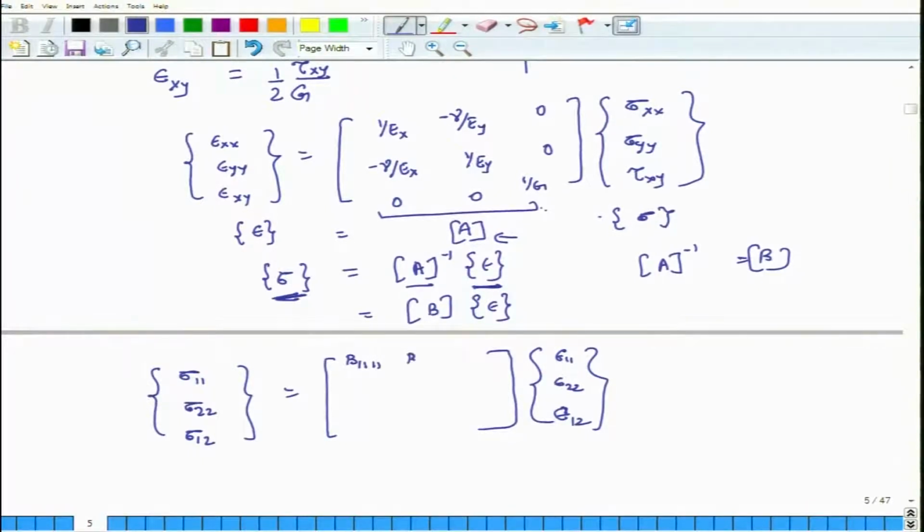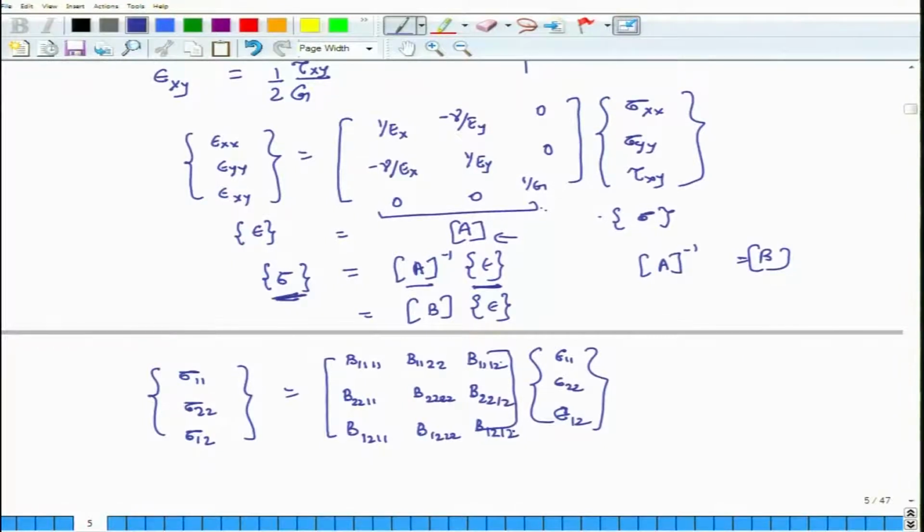So, then it is B 1 1 2 2 and B 1 1 1 2, and then here it is B 2 2 1 1, B 2 2 2 2, B 2 2 1 2, and this is B 1 2 1 1, B 1 2 2 2 and B 1 2 1 2.